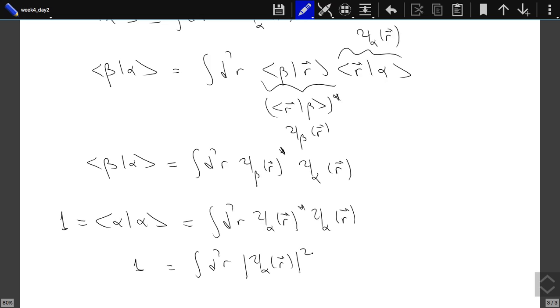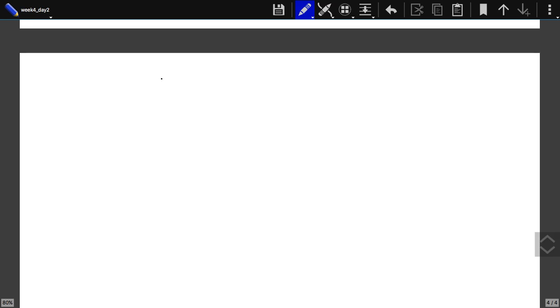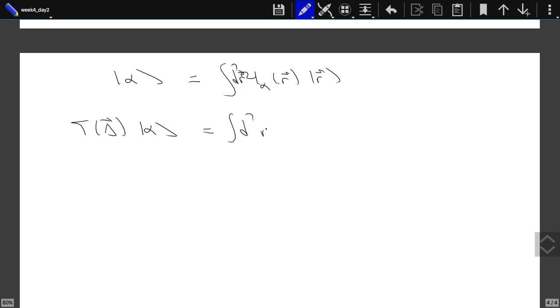Well, let's look at what happens to the translated wave function. We had this alpha state, which we could expand in a position ket basis. This was the integral over all possible positions, d cubed r, of psi alpha of r times the ket r. Well, if I translate it by, let's say, this vector delta, this is equal to the integral d cubed r psi alpha of r times the ket r plus delta.